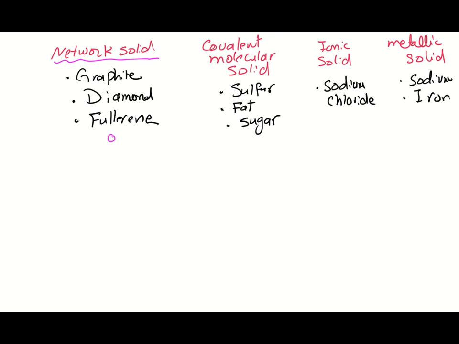Like in the case of diamond or graphite, this is the structure of diamond. Each carbon atom is joined to 4 other carbon atoms. In turn, each carbon atom will join to 4 other carbon atoms.